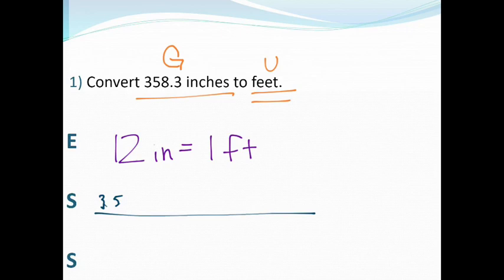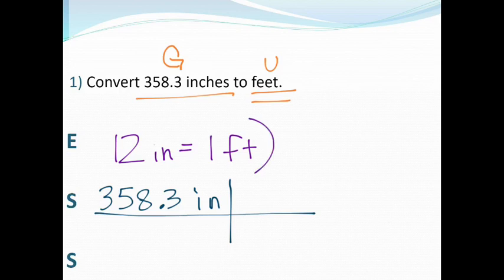It is always our first number, and of course we need units on that number. Because now, as we move into using a conversion factor to turn these inches into feet, we've got our unit equation waiting for us right here, and because I've got inches on top, that means I've got to have inches on bottom. If I'm looking at my equation, that means 12 inches goes on bottom.